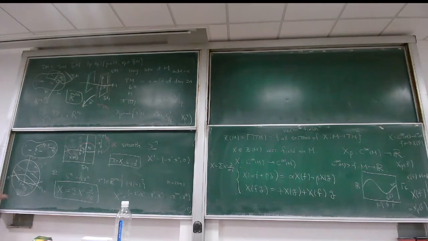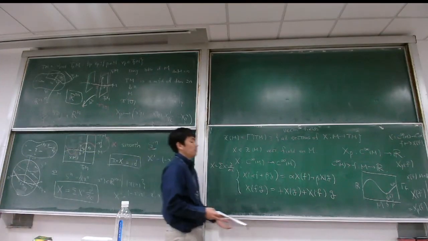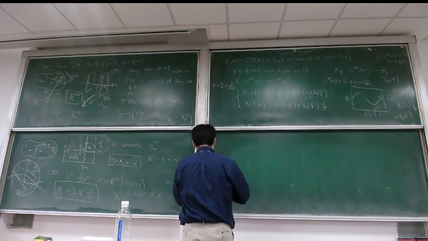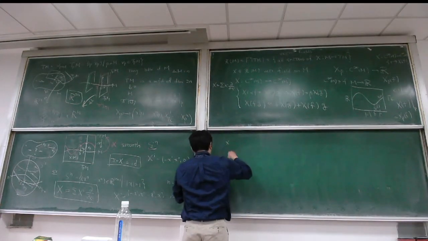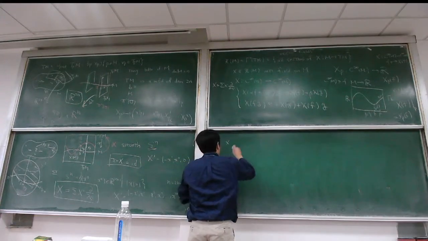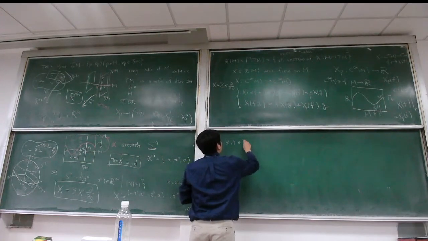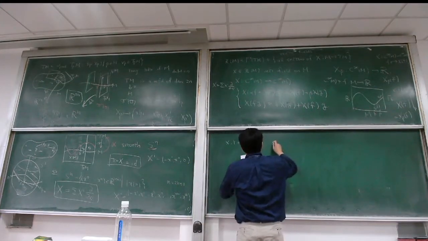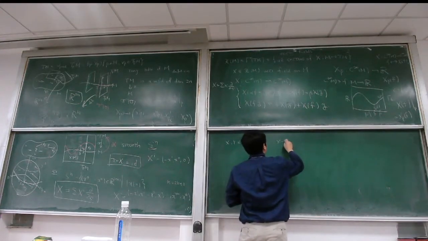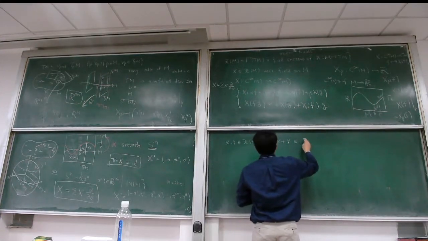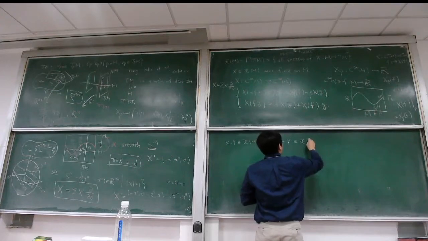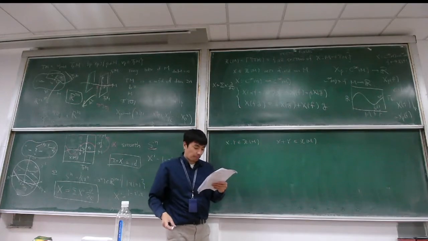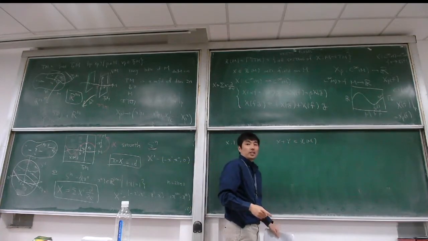And I just give you this: if X and Y are two vector fields, then X plus fY is also a vector field. Do you understand?